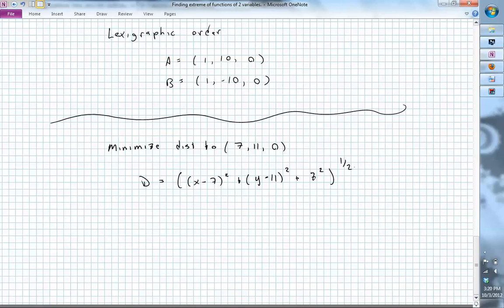Okay, and here's the first word of wisdom that I'm going to give you, and this is something that will be useful in physics and in other math classes. Whenever you minimize distance, it suffices to minimize distance squared.